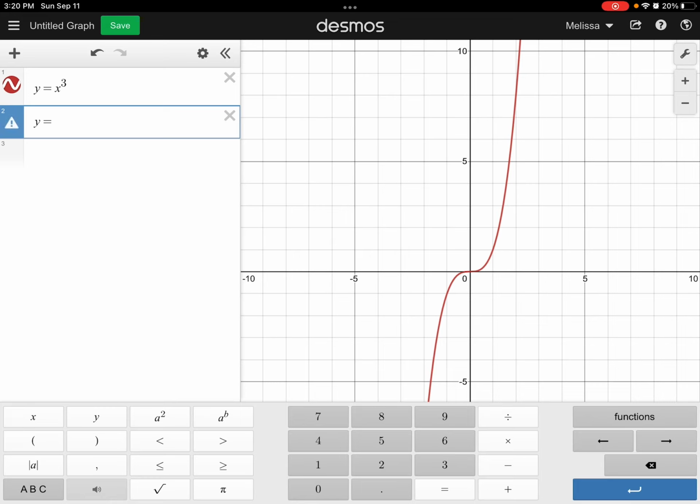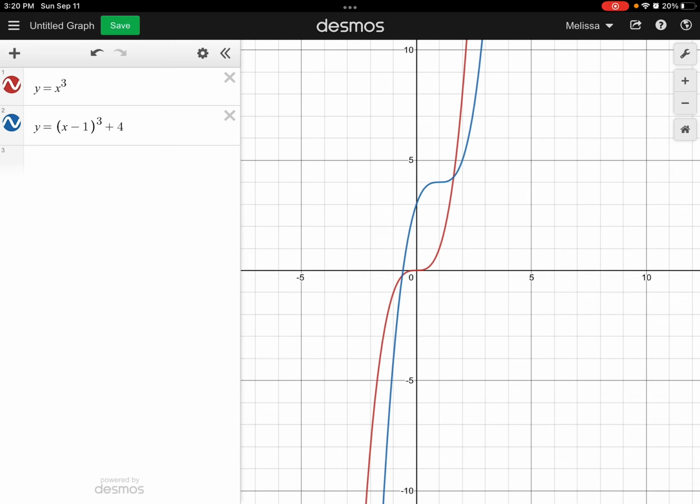And then I want to change it. y equals parentheses x minus 1 to the third power. And then what was it? Plus 4, right? So you can see there that the blue function has been shifted to the right 1 and then up 4. So that's all a translation is: it shifts left and right or up and down.